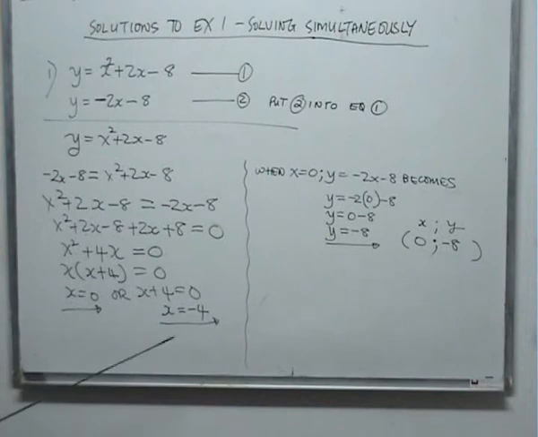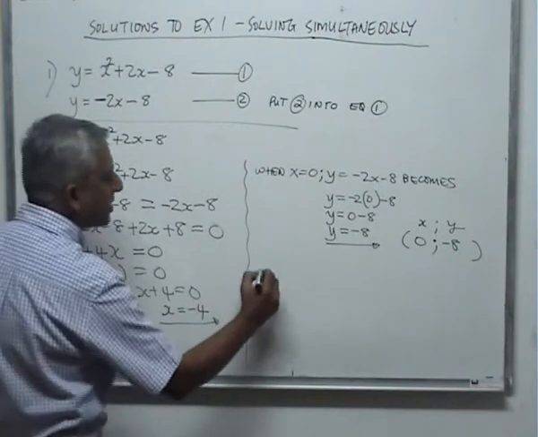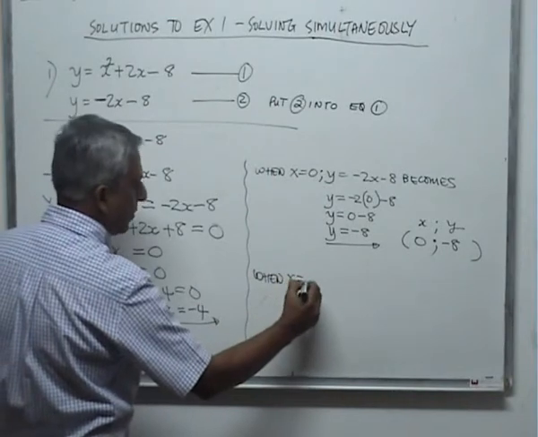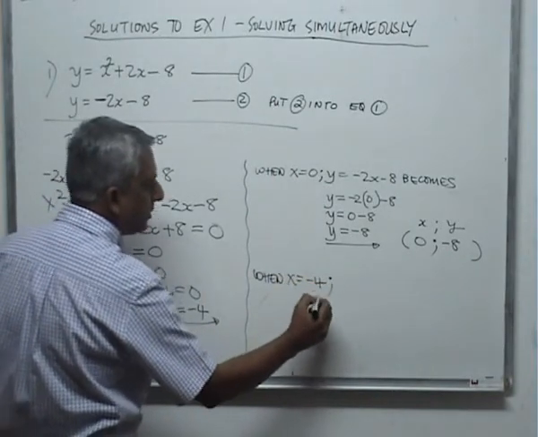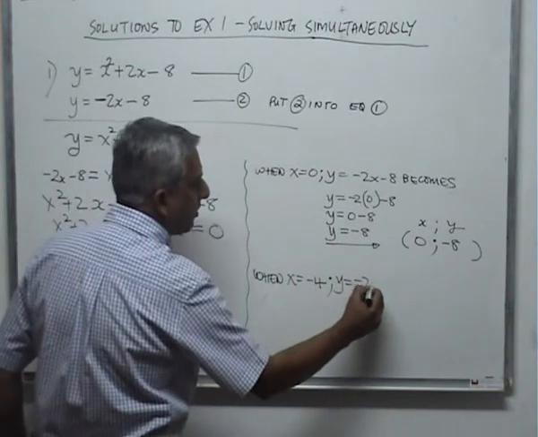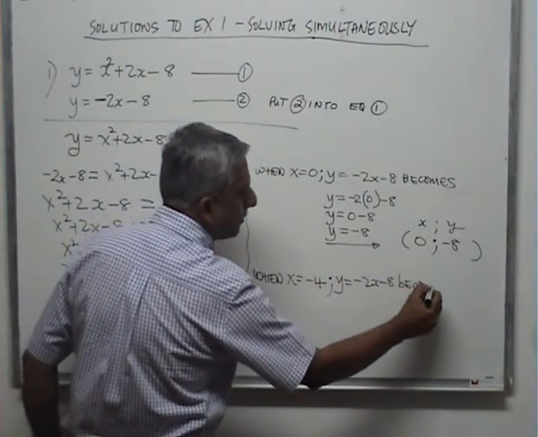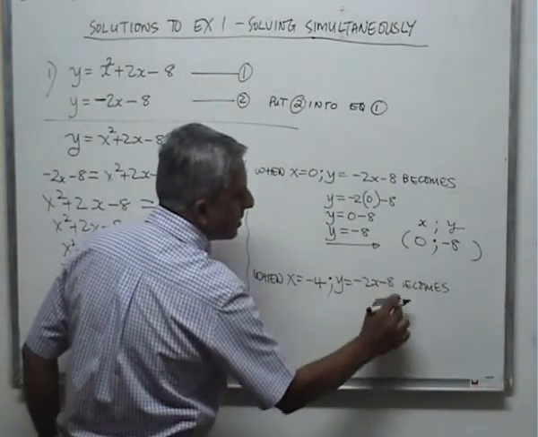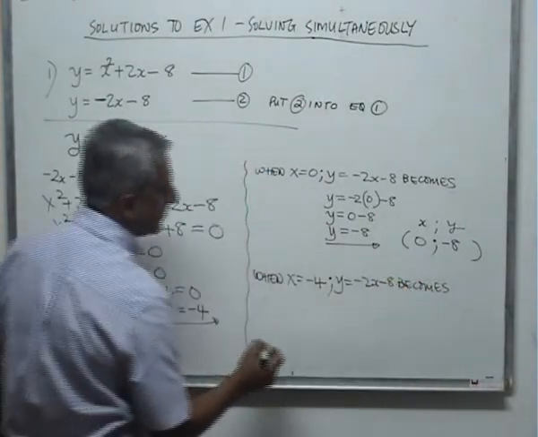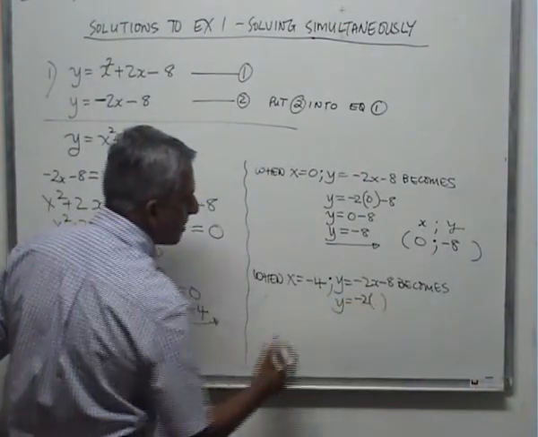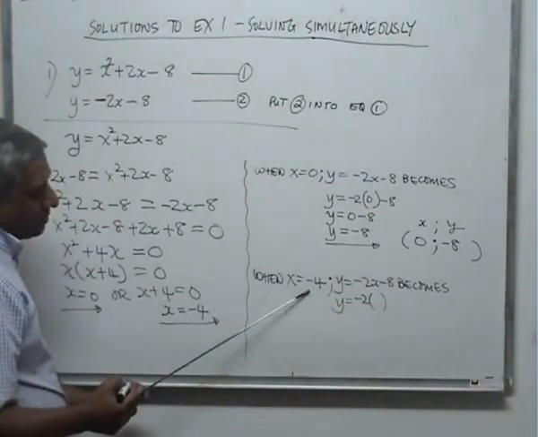And now we look at the next value, when x is equal to minus 4, y is equal to minus 2x minus 8 becomes y is equal to minus 2 times, now x is minus 4.